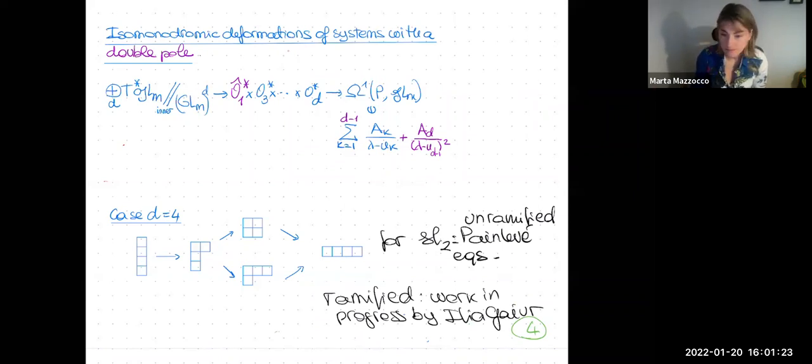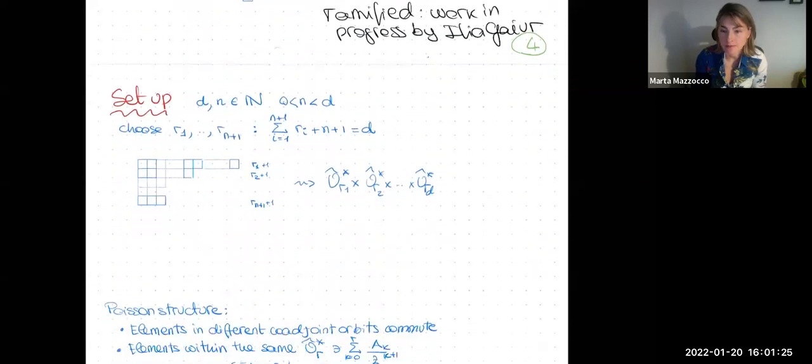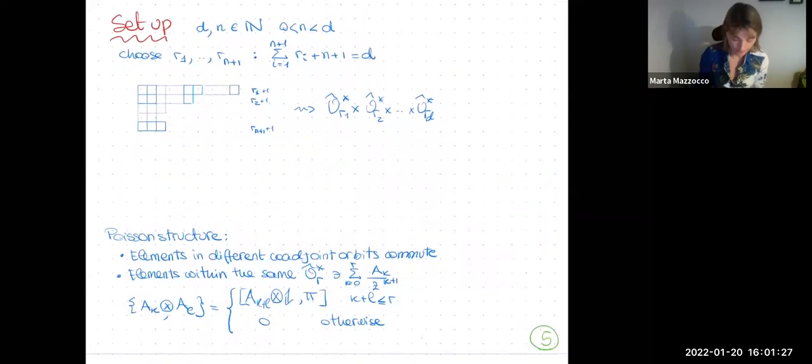Okay, next. Let me give you now the general setup for this work. We start by considering two integers, in which one is smaller than the other, in particular n is smaller than d. Then we choose some other positive integers, r_1 to r_{n+1}, such that the sum of all the r_i's plus n plus 1 is equal to d.